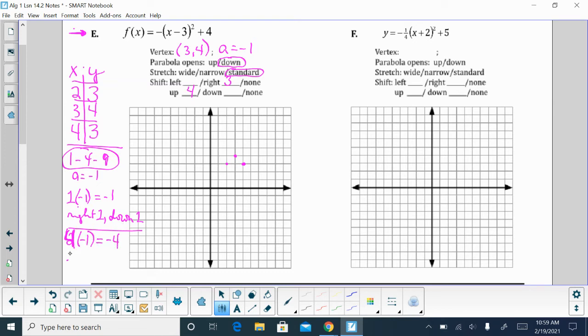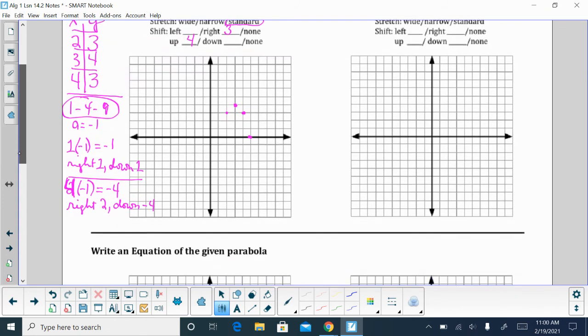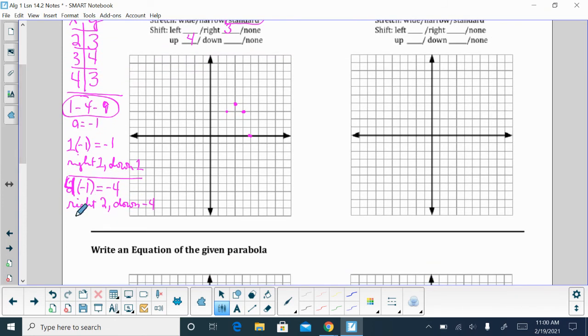So what that tells me is that when I go right 2, I'm going to go down 4, and that will give me my next point. So from my vertex, I go right 2, down 4: 1, 2, 3, 4, and that gives me my next point.